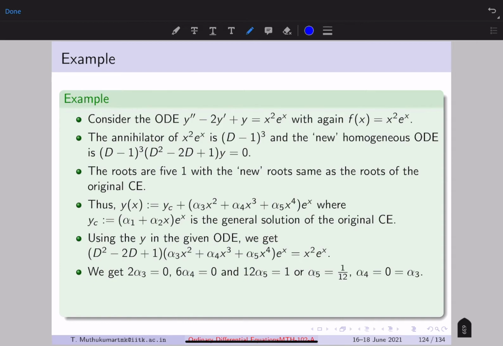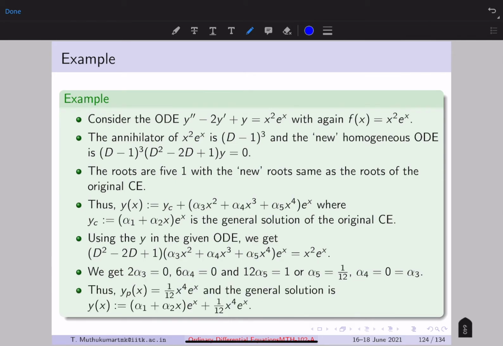You will get some relations between alpha 3, alpha 4, alpha 5, and from here, by equating the corresponding coefficients, you have alpha 5 is 1 over 12 and alpha 3 and alpha 4 to be 0. What remains is only this. So your general solution is this.